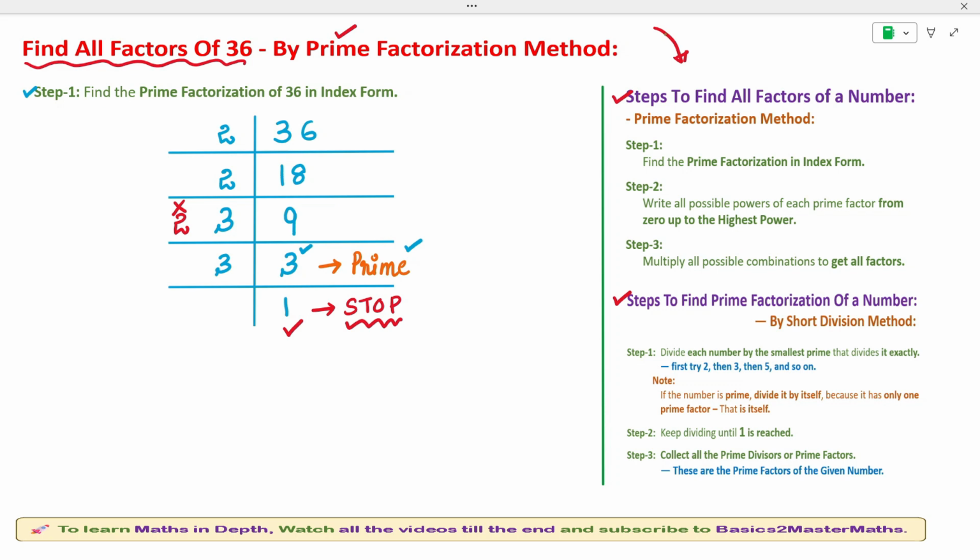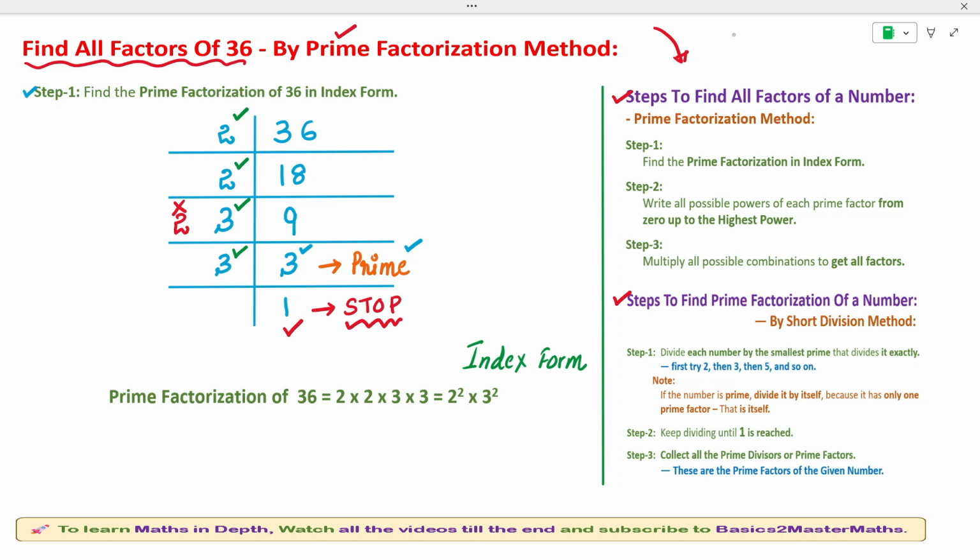Now, collect all the prime divisors or prime factors. In this case, they are 2, 2, 3, and 3.